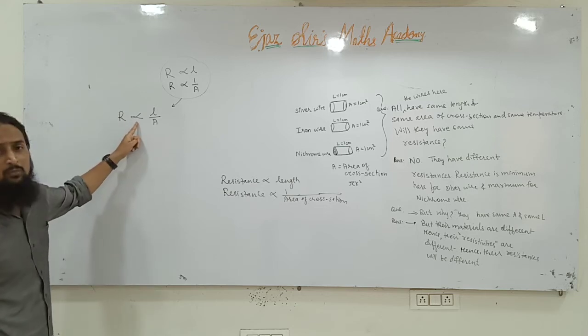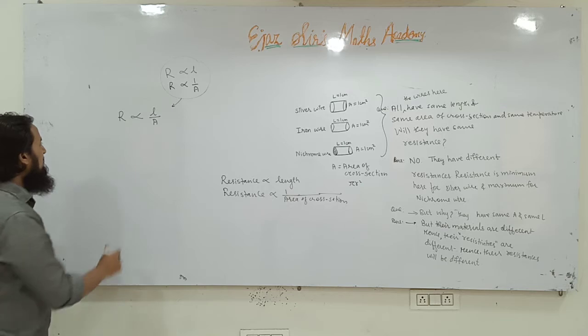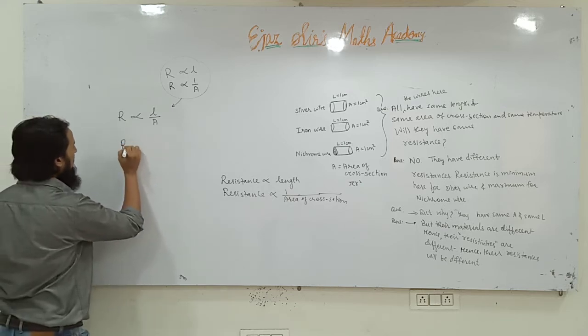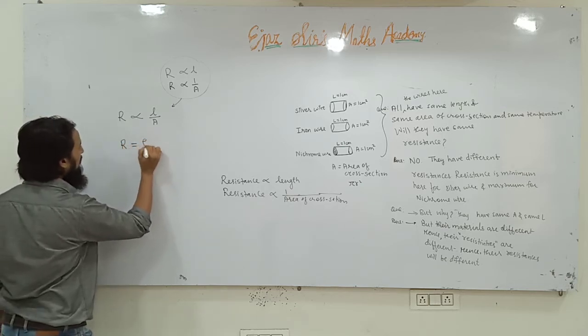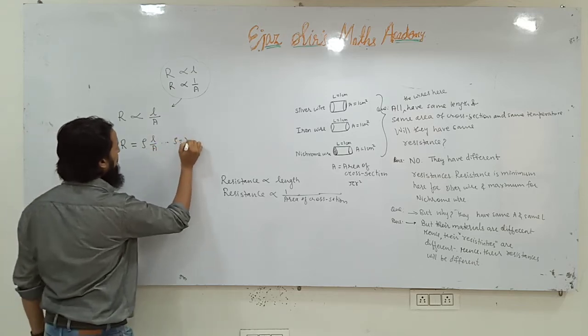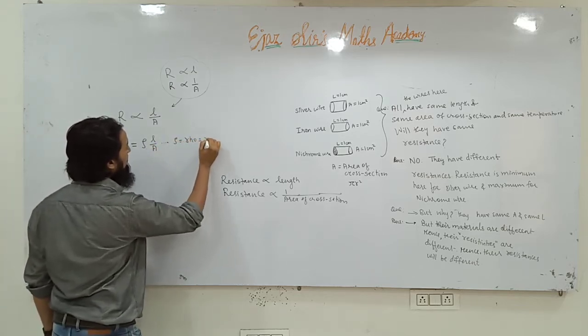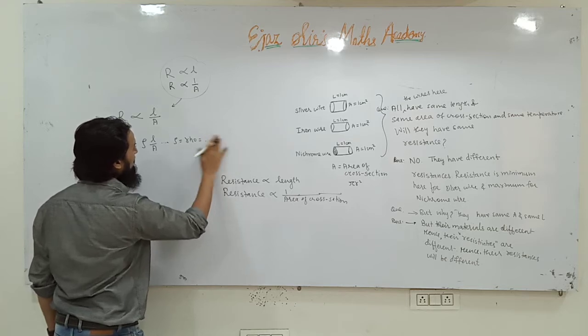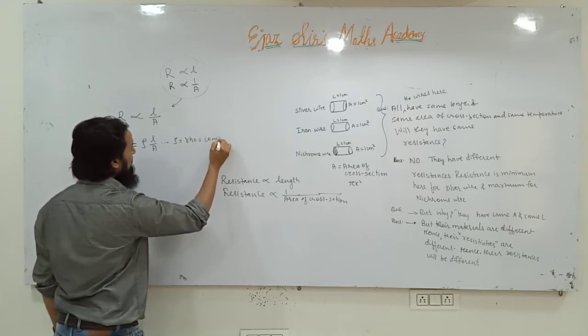We know whenever we remove the proportionality sign, we always need a constant. So here the constant will be R is equal to rho into L upon A. This letter rho is the resistivity, constant of proportionality.